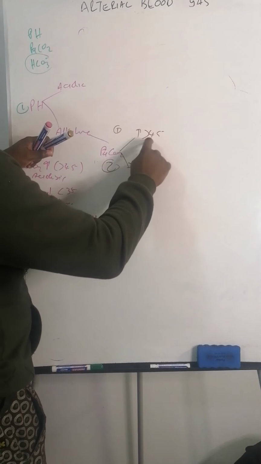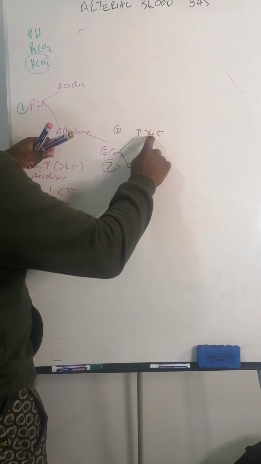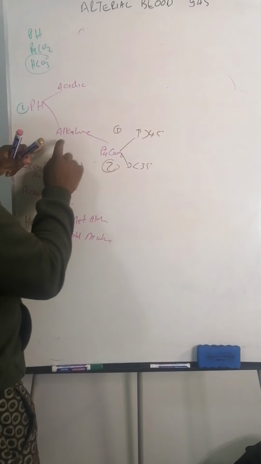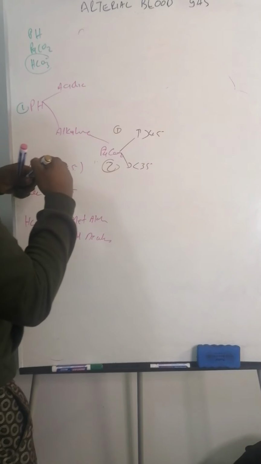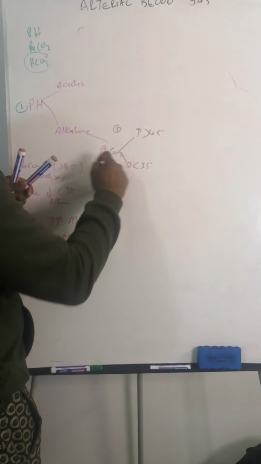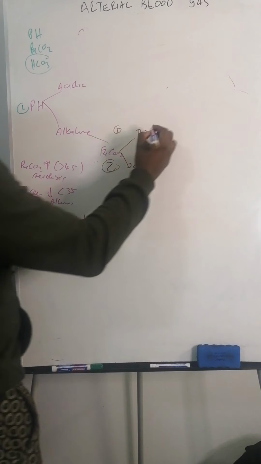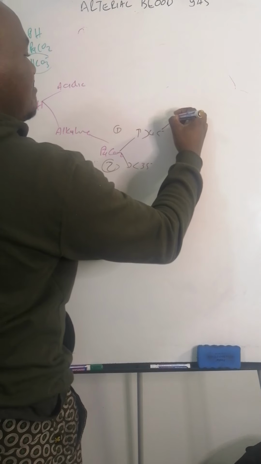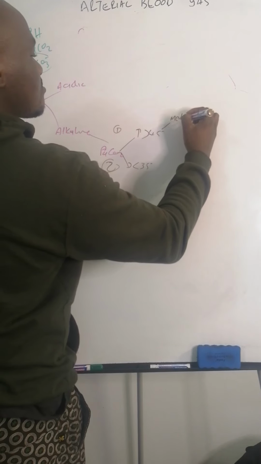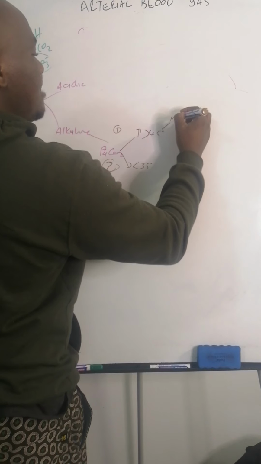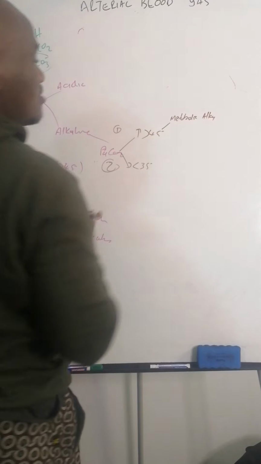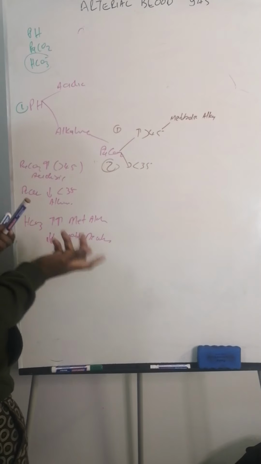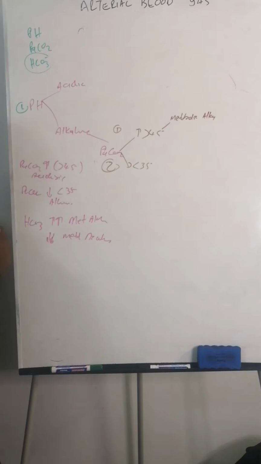So this is an acidic picture of CO2, which does not tally with this. So the alkalinity is not related to the PCO2. So by default we can say this patient has got a metabolic alkalosis, because there's no other option, right?